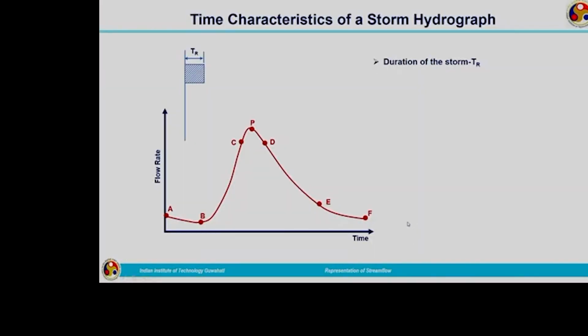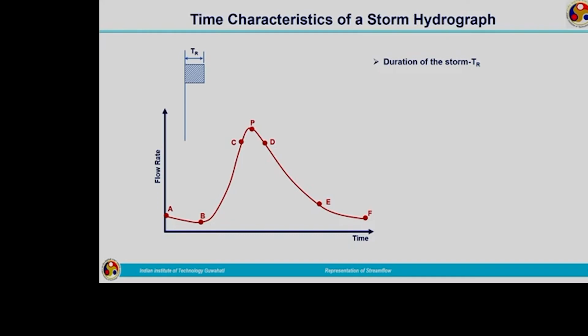In this we have studied different components. AB and EF represent the base flow recession; that is, AB is the part of the hydrograph which is the contribution coming from the base flow. It is not due to the rainfall. When the hydrograph is rising, that is the rising curve where the contribution from the storm has started.